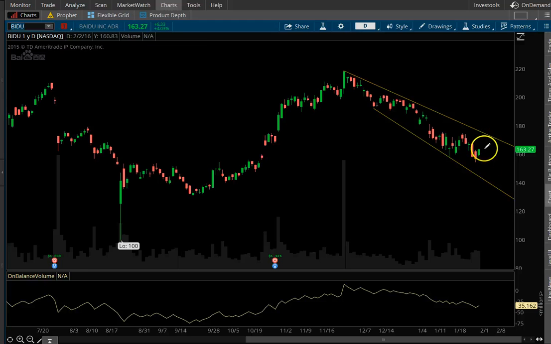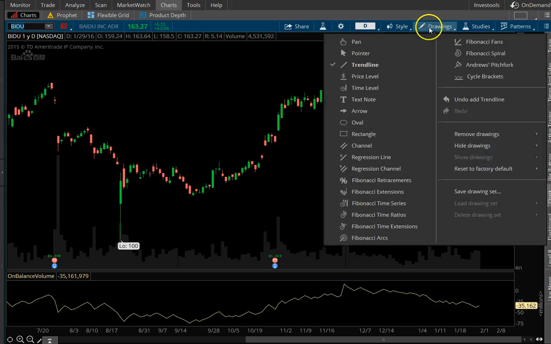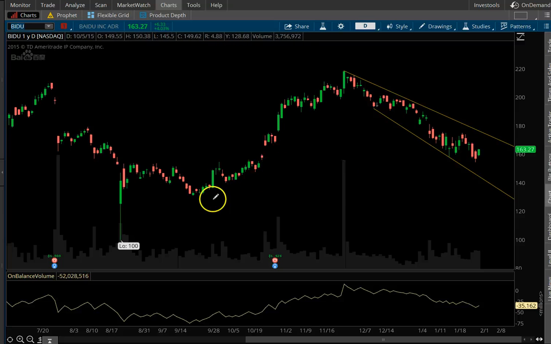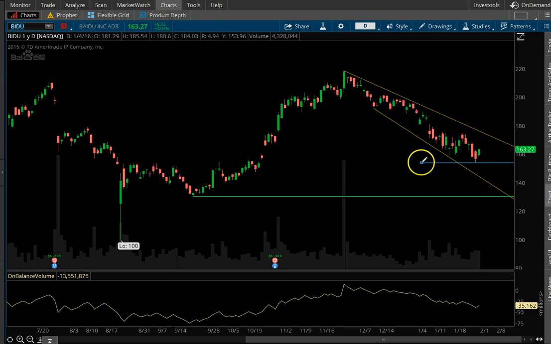So we're in this channel right here, and then from a price level standpoint, I'm just going to draw a couple of price levels here and a bottom down here, and then just basically trade in between.